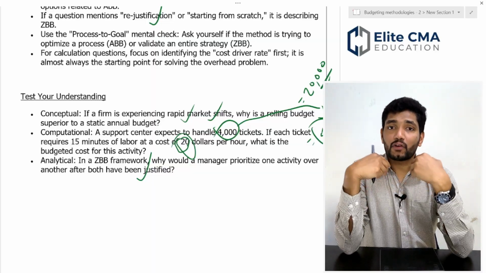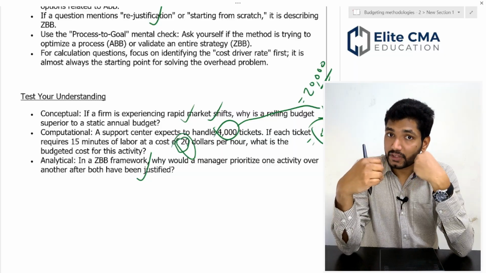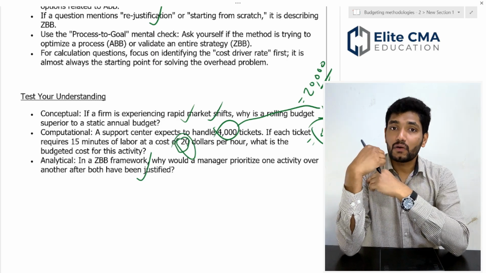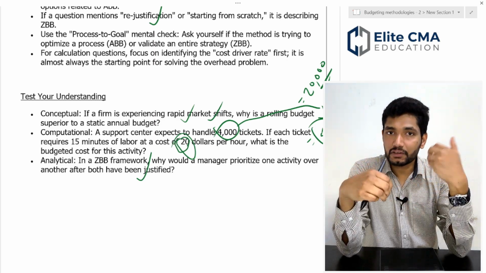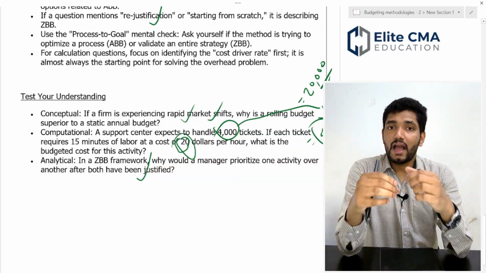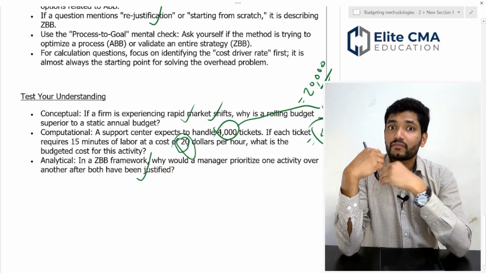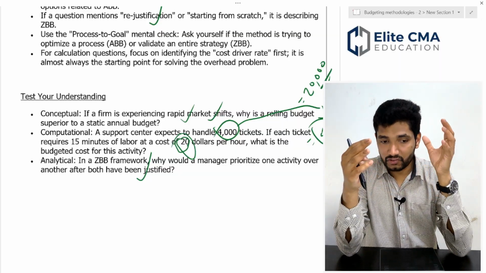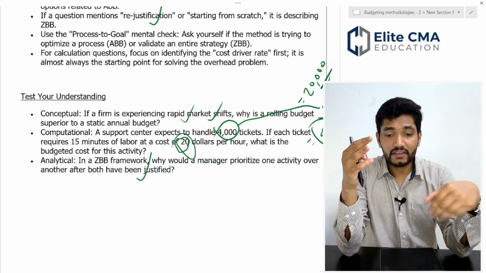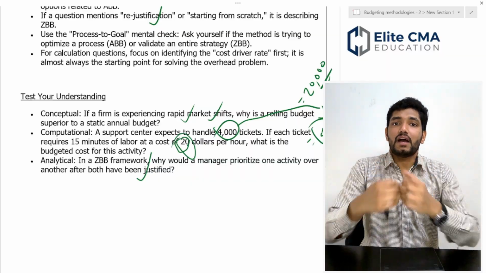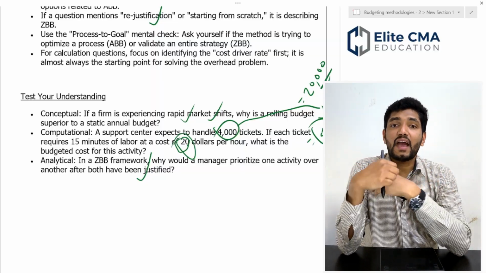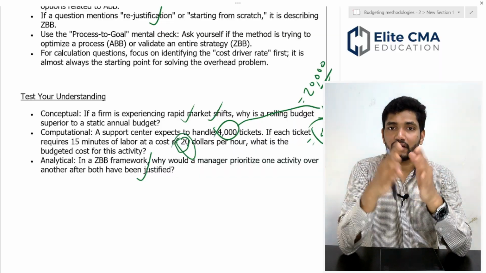So the top management will prefer the activities which are completely or mostly aligned with the organizational long-term strategy and goals, and which are selected after a cost-benefit analysis of each activity. They will always prefer to choose the activities which add more value to the organization in the long run.